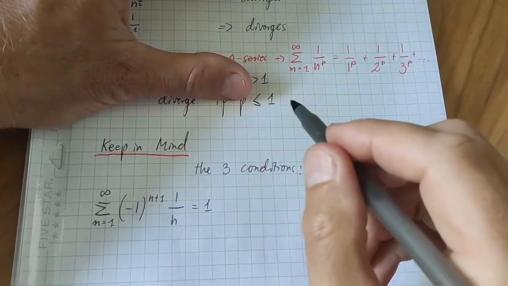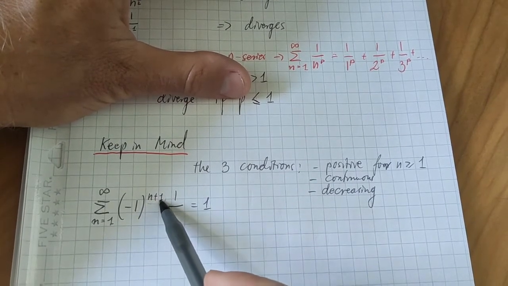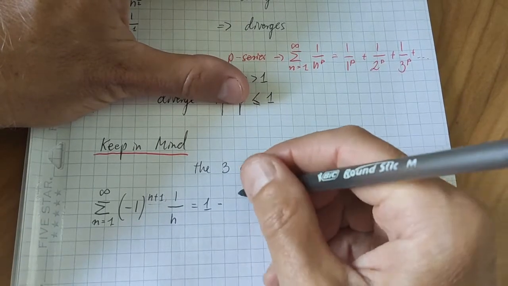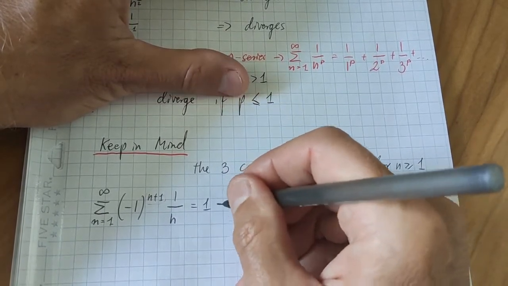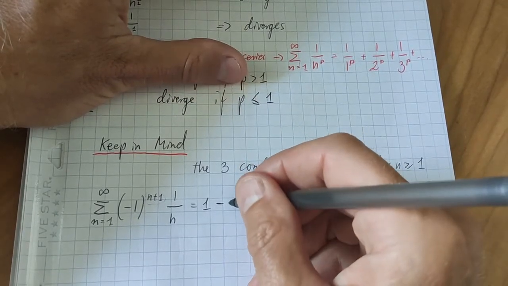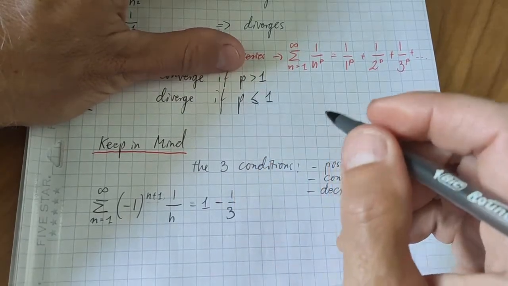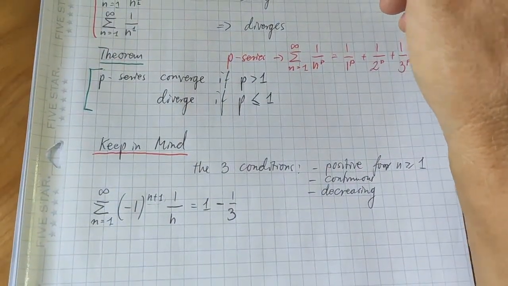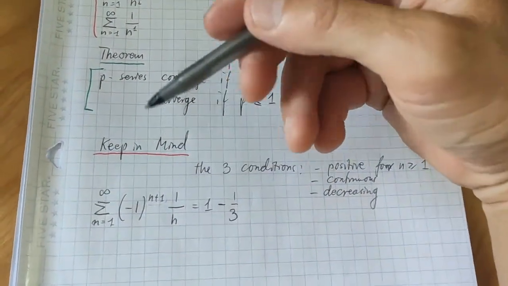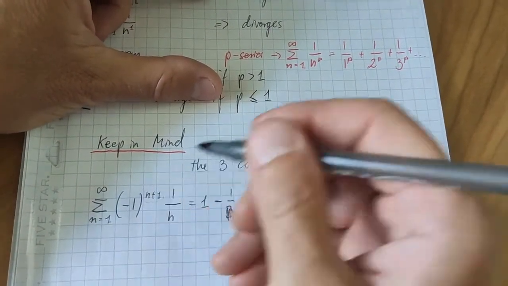But then, if n is equal to 2, I will have the exponent of 3, so this will turn into negative 1. So I'll have minus 1/2.